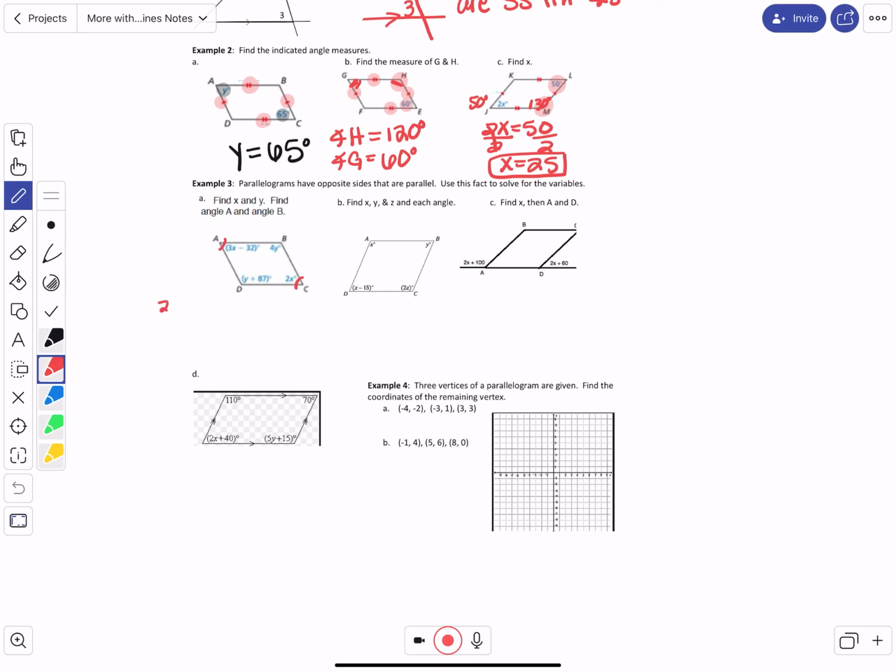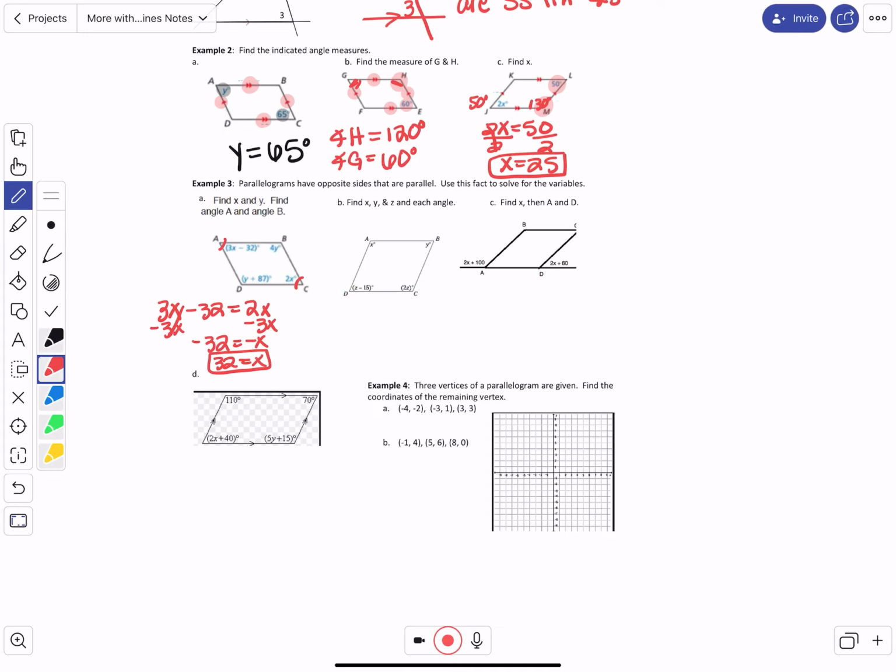So we can do 3x minus 32 equals 2x. If I subtract 3x, we'll get negative 32 equals negative x. If we divide by negative 1, we'll just get 32 equals x. So that gives us x.